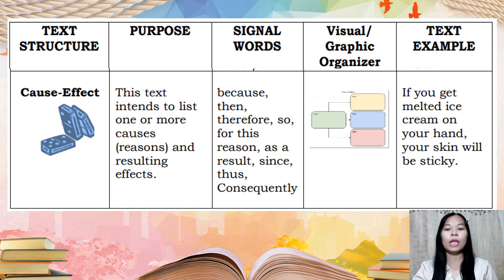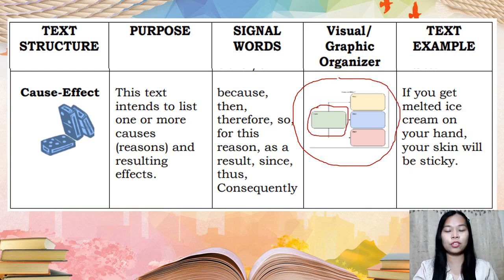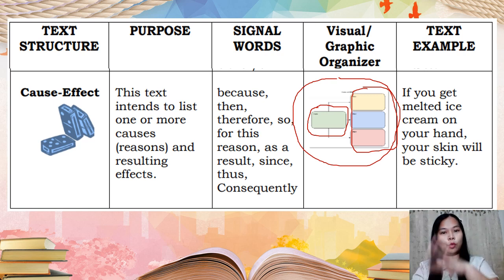And we use this visual graphic organizer here. It could be that in this box we will write down the cause and then here we will write the effects, or the other way around. It could be that in this box is the effect and then those three boxes will be for the causes.